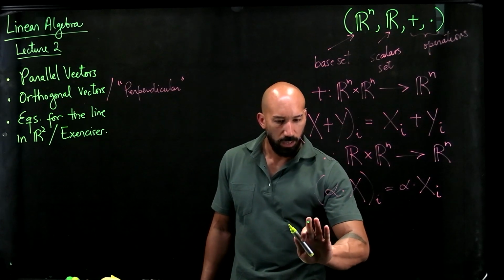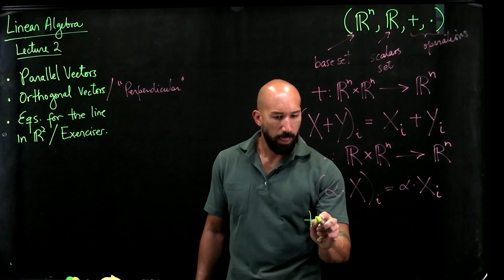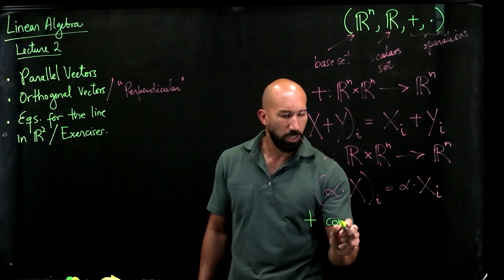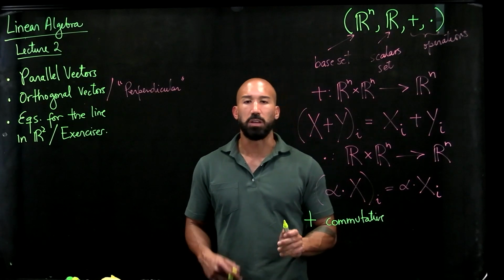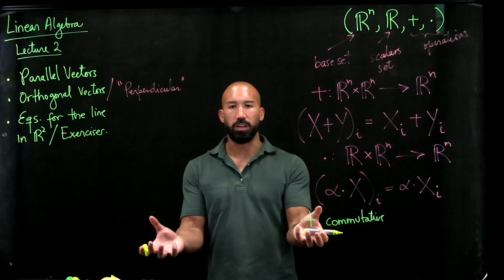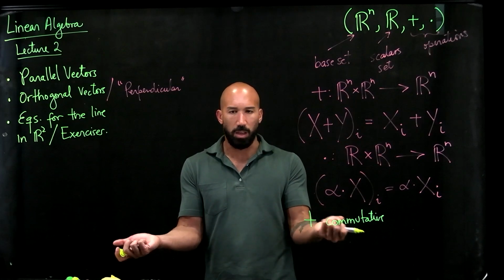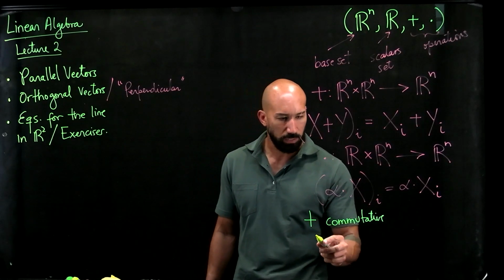So basically, let me put it this way: the addition is commutative, which means that when we are adding two vectors, it doesn't matter in which order we take them, the resulting vector is gonna be the same.